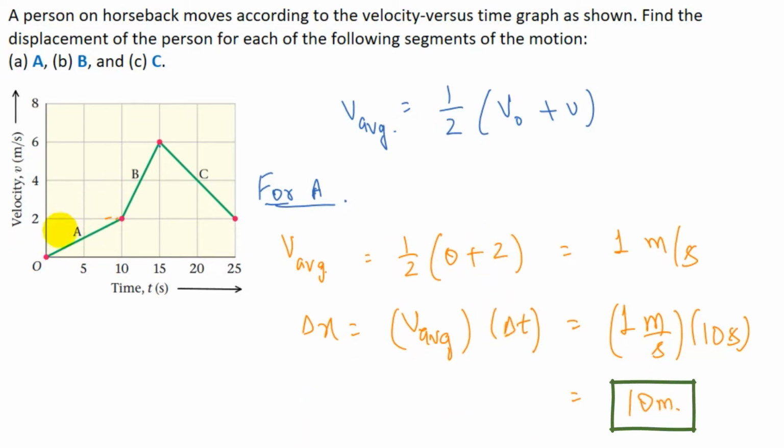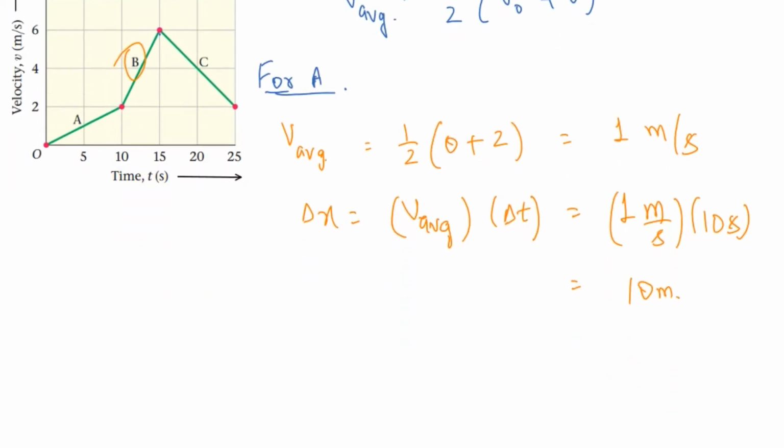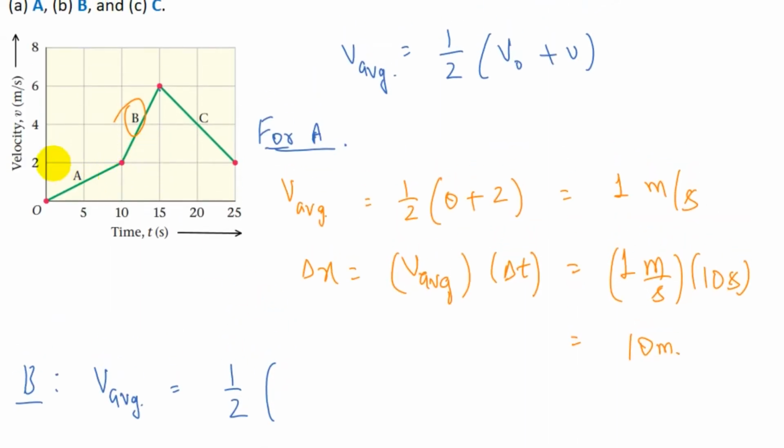Similarly, we can solve the B part. First we're going to find the average velocity for this segment. So for part B, average velocity equals 1/2 times (initial velocity 2 plus final velocity 6), so that would be 8/2, which is 4 meters per second.